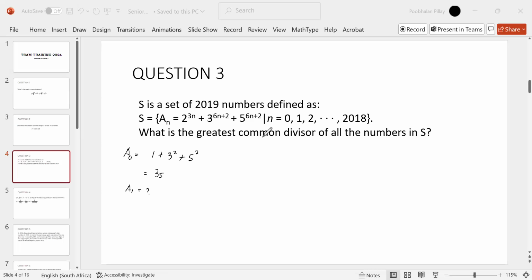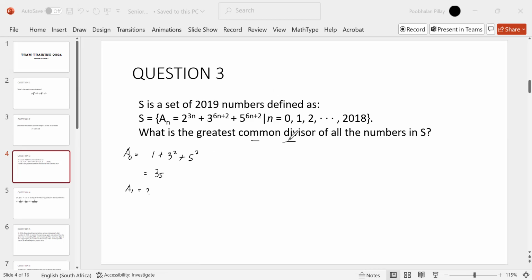Right. Now the question is, what is the greatest common divisor of all the numbers in S? Right? So you need to have a number which is a factor of all these 2019 numbers. It's a divisor, a common divisor. Right?